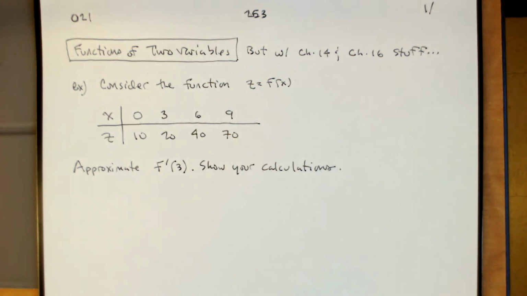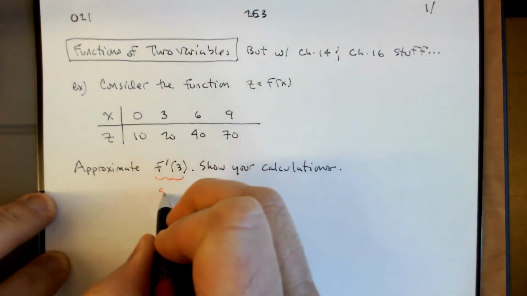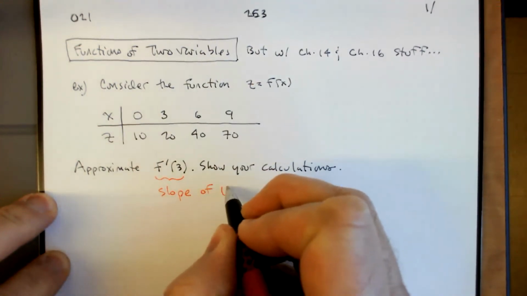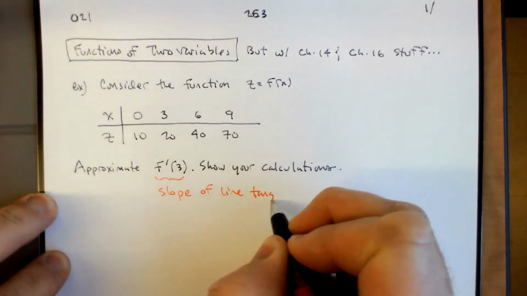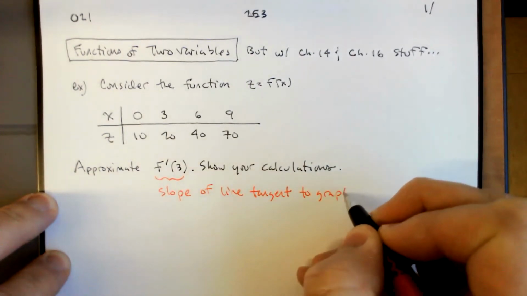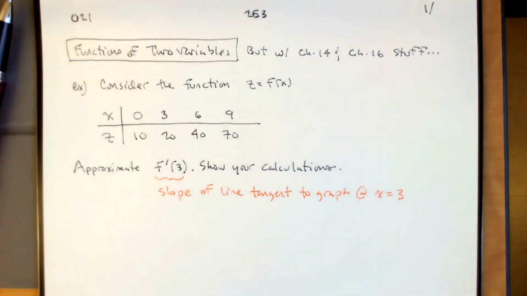So we know that f prime of 3 is going to be the slope of the line tangent to the function at 3. So this is what we know about derivatives. f prime of 3 is the slope of the line tangent to the graph of f(x) when x is equal to 3.